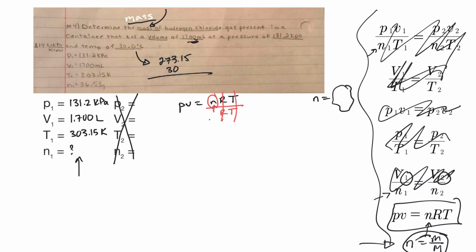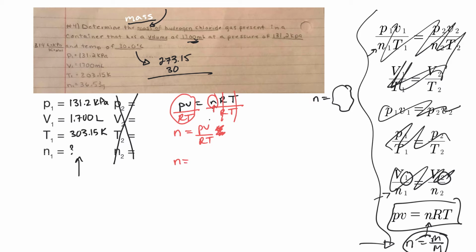But if I divide on that side, I have to divide on this side, RT. I like to rewrite it so I have moles on the left side, and then I just write what that is. So moles equals PV over RT. It's common for students to mix this up, to put one on the top and one on the bottom. So just be careful with that.